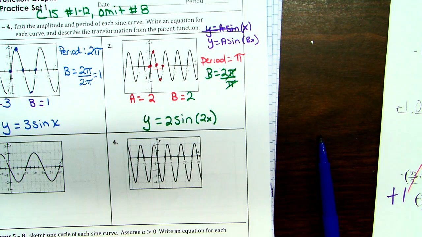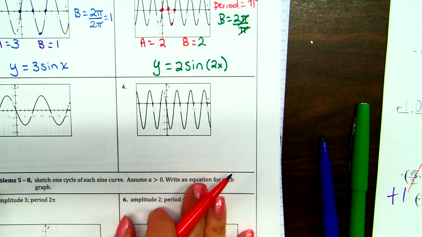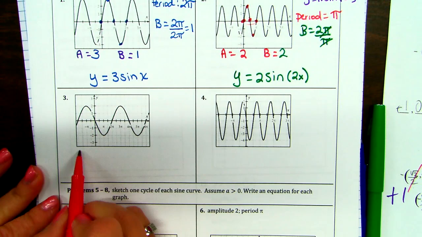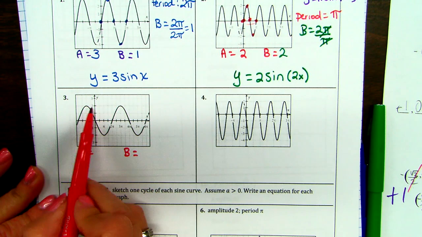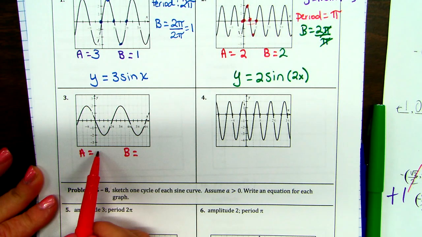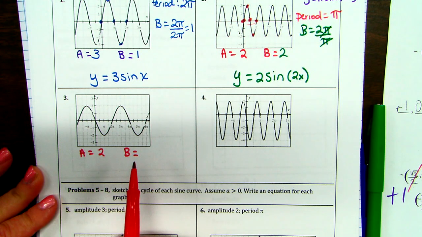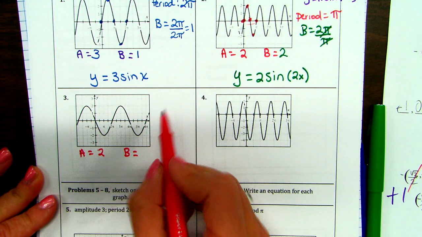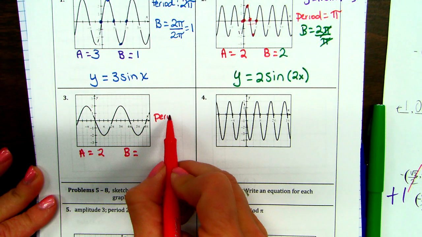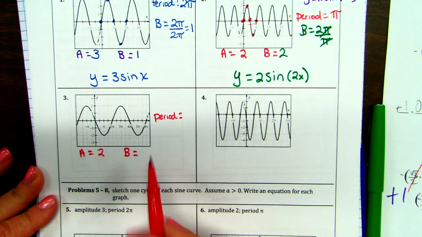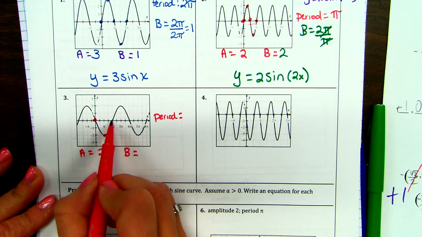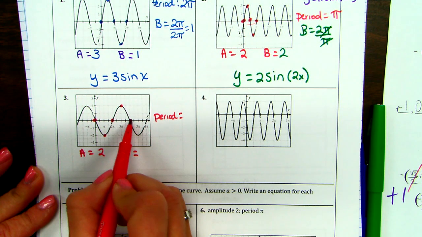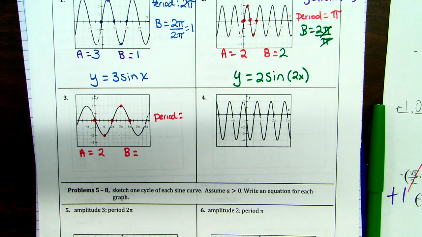So then just plug the A and B in. Okay, next one. Amplitude, still nice and easy, 2 to negative 2. We don't know B until we find our period. Middle, wait a second, we're going down. Middle, down, middle, up, middle. What does that mean for my equation?